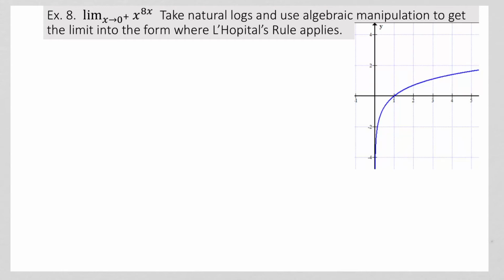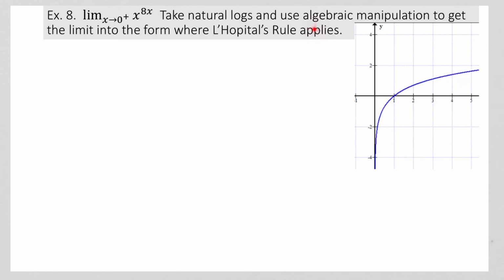Right, so for this example here, it says I've got the limit as x approaches 0 from the right side of x to the 8x power. So we're going to take natural logs of both sides and use algebraic manipulation to get this limit into the form where L'Hopital's rule applies.